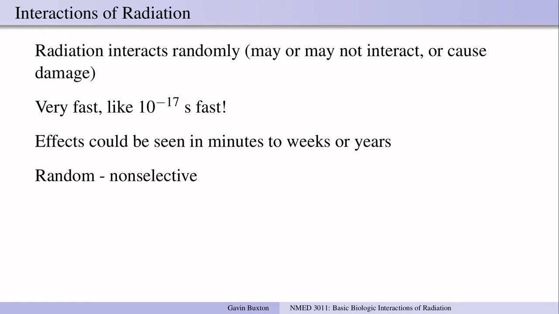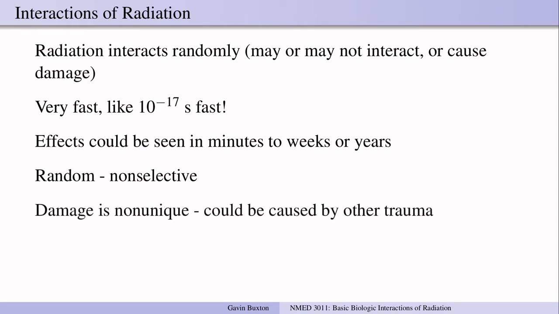But when we talk about targets, what we're referring to is susceptible sites. So this is basically areas of the body where if the radiation was to do damage, it would do more harm, right? It's more sensitive to that damage. But in principle, the radiation can do damage anywhere.